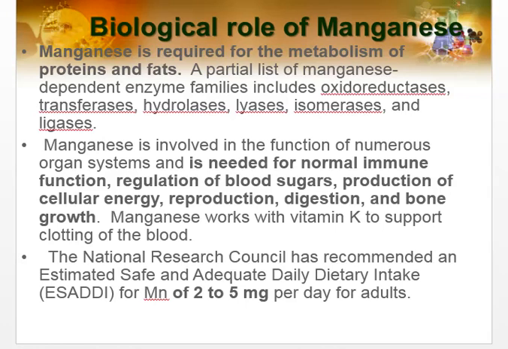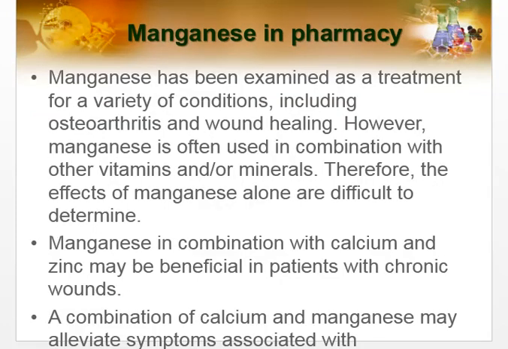The National Research Council has recommended an estimated safe and adequate daily dietary intake for manganese of 2 to 5 mg per day for adults. In pharmacy, manganese has been examined as a treatment for a variety of conditions, including osteoarthritis and wound healing.